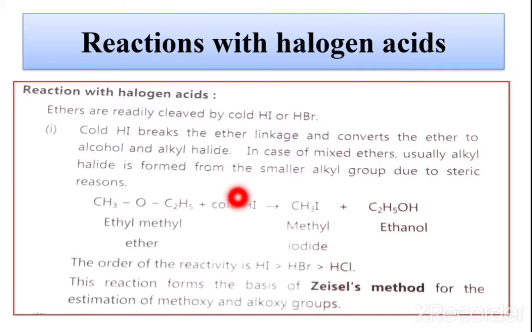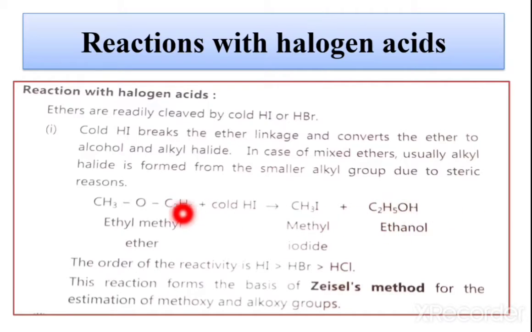Okay, and this is the example of a mixed ether. In case of mixed ether, usually alkyl halide is formed from the smaller alkyl group due to steric reasons. That means if we cleave this ether molecule, after cleavage the smaller alkyl group goes to the alkyl halide part and the remaining part is alcohol.